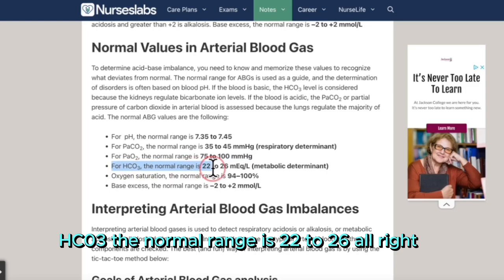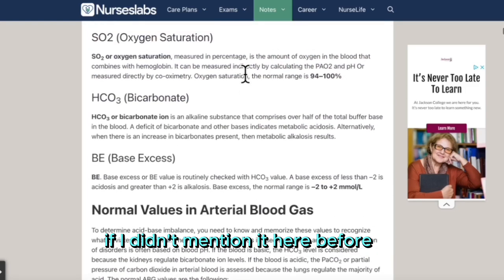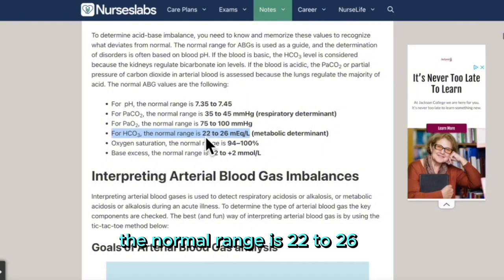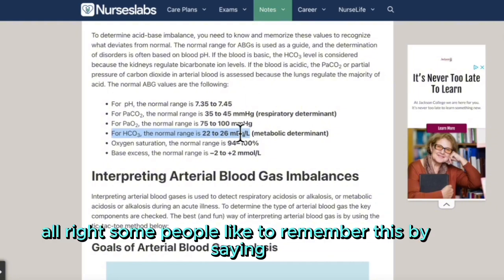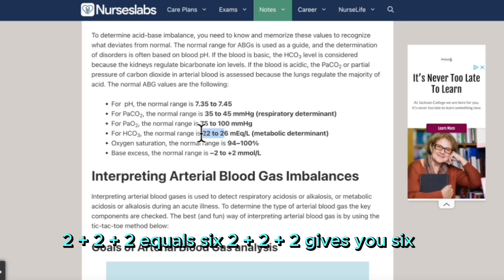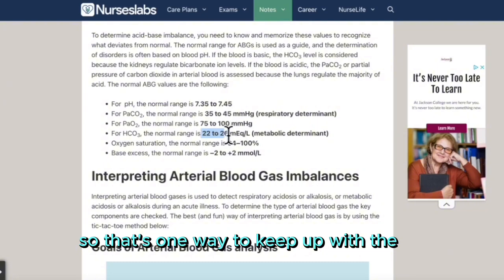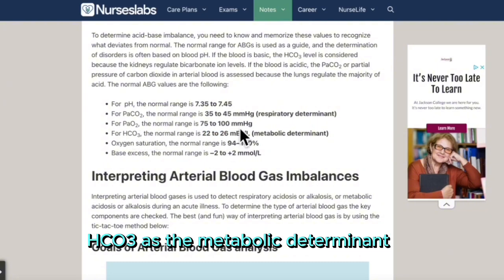HCO3, the normal range is 22 to 26. Some people like to remember this by saying 2 plus 2 plus 2 equals 6. So that's one way to keep up with the HCO3 as the metabolic determinant.